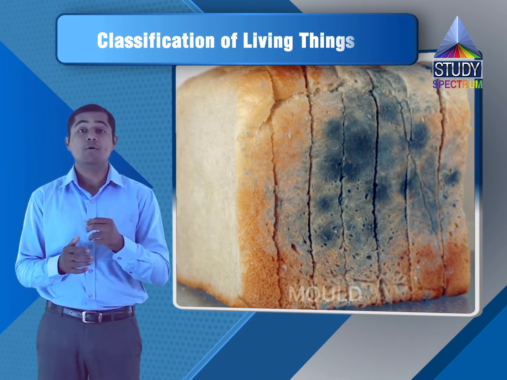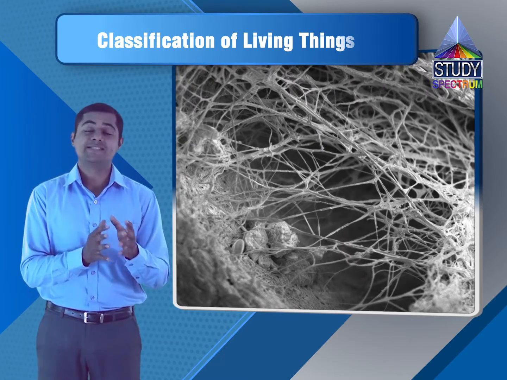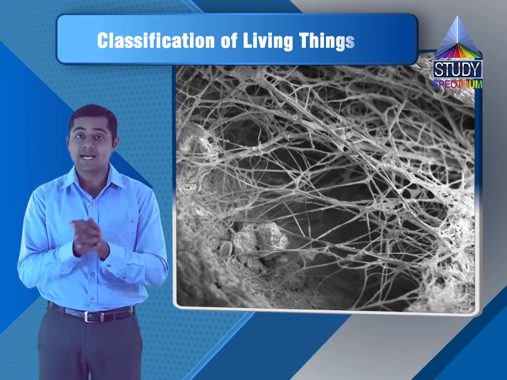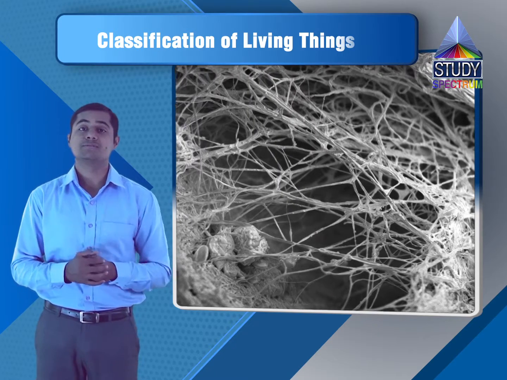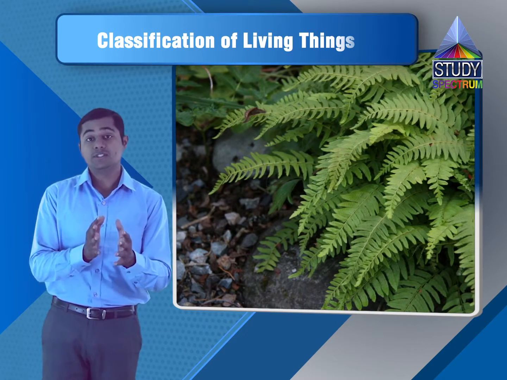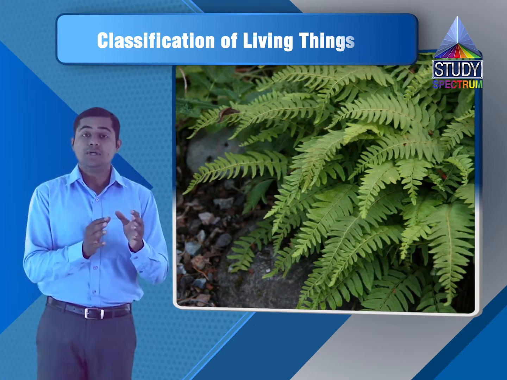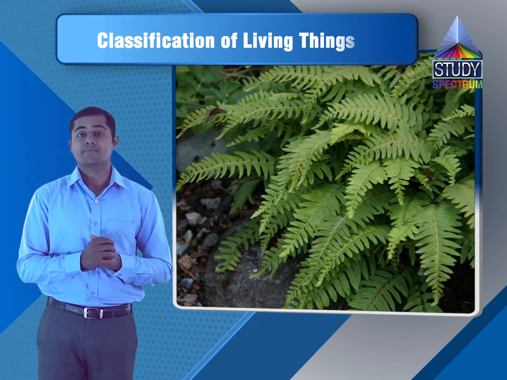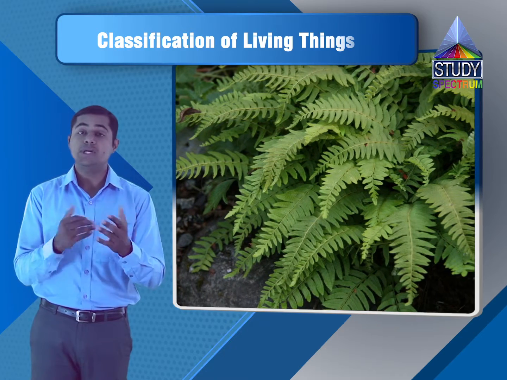That is called mold. It is also a plant structure, but it doesn't have flowers. It grows through spores. Have you seen a herb or ferns? These are plants which are very small in size and do not have any kind of flowers.